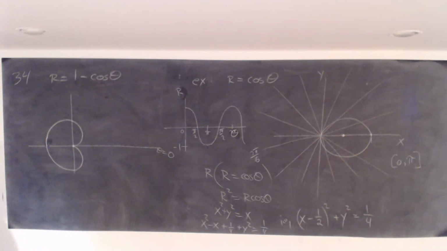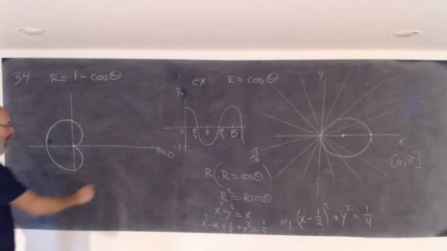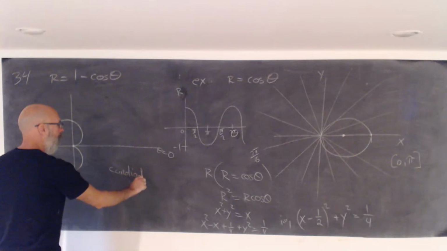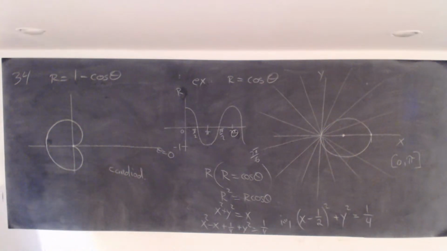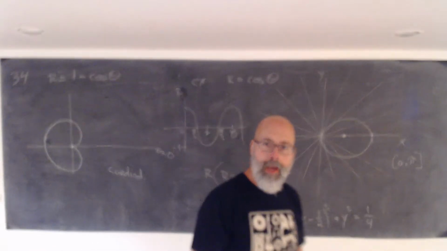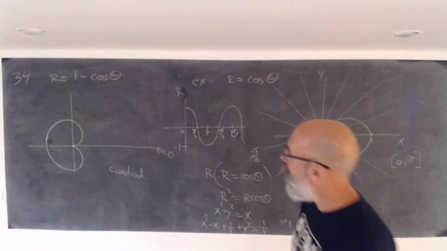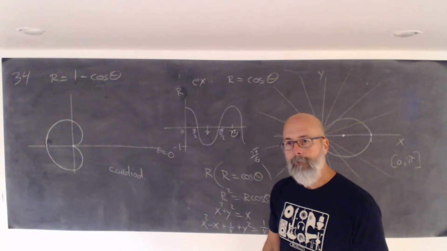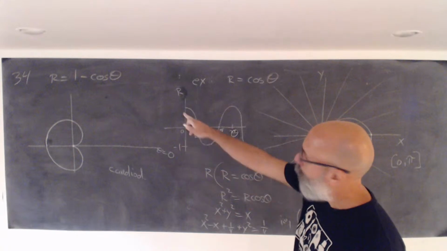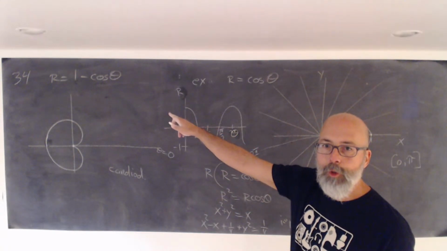And you get this nice heart shape known as a cardioid. Imagine having to describe this in x and y. But in polar coordinates, trivial.